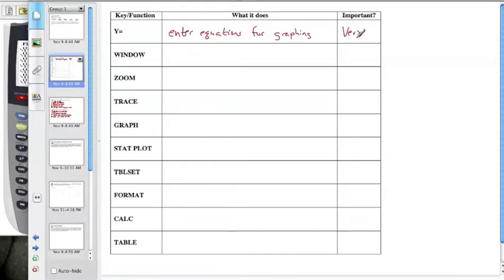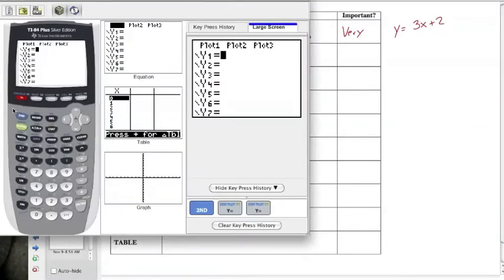So for instance, if I want to enter the equation y equals 3x plus 2, I go to my calculator and hit the y equals button, and then I simply put in 3x plus 2. So you'll notice that I now have this equation in my calculator, and I could then graph it, which we will get to in a second.